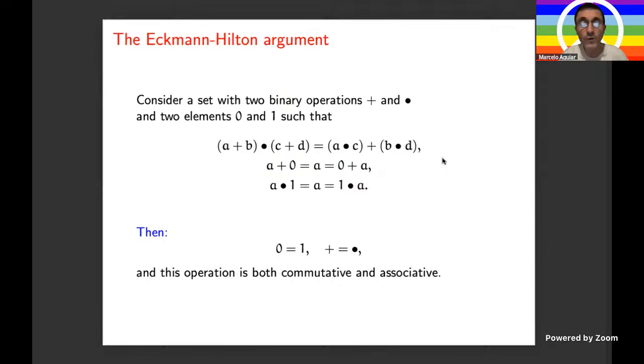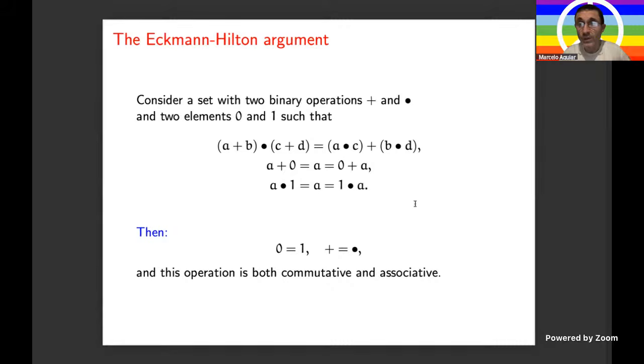So one point of departure that we may take is the Eckmann-Hilton argument. It's formulated in this manner. It's a basic fact in abstract algebra. We have a set with two operations that satisfy these axioms. Each one has a unit element, and there is this axiom linking the two that you see up here.